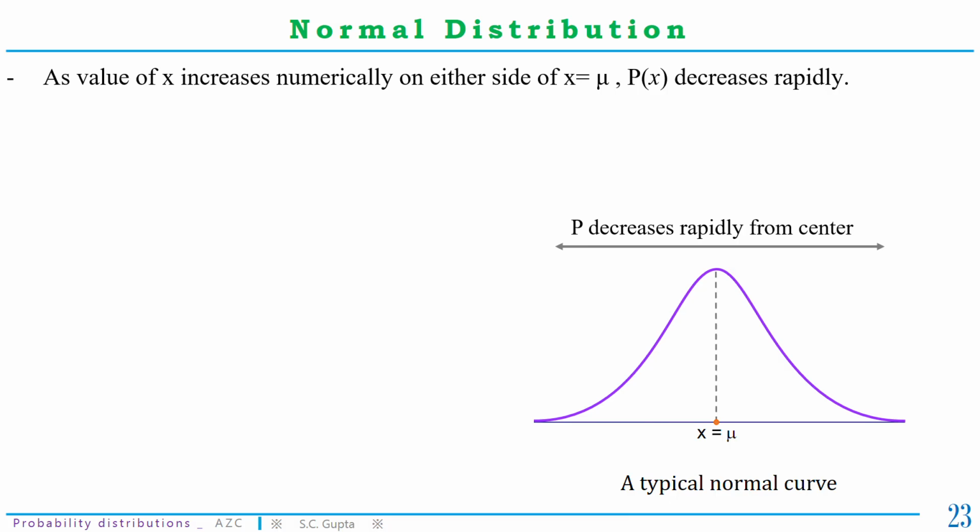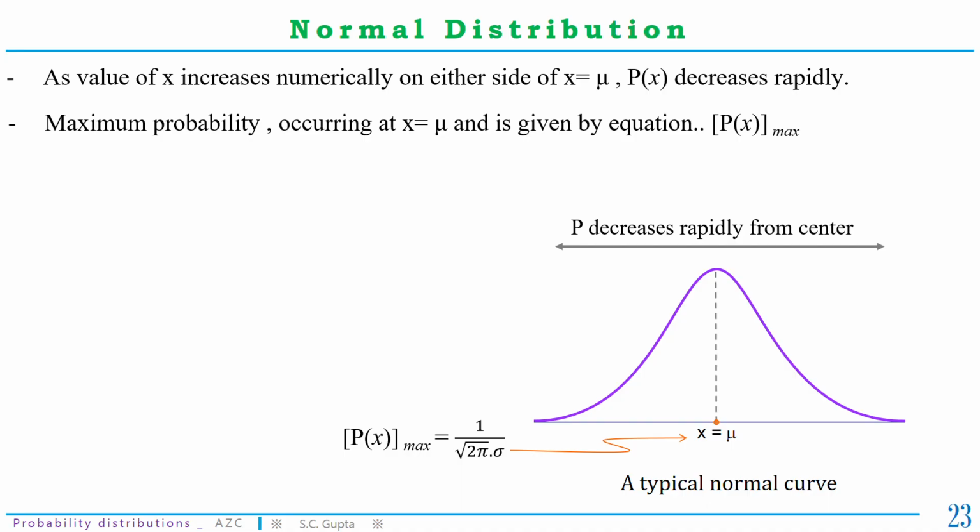As the value of x increases numerically on either side of the mean, P(x) decreases rapidly. Maximum probability occurs at x equal to mu, that is the mean value, and is given by the equation P(x) maximum.